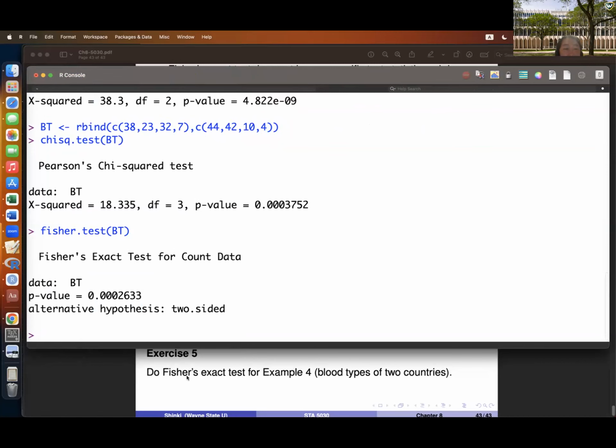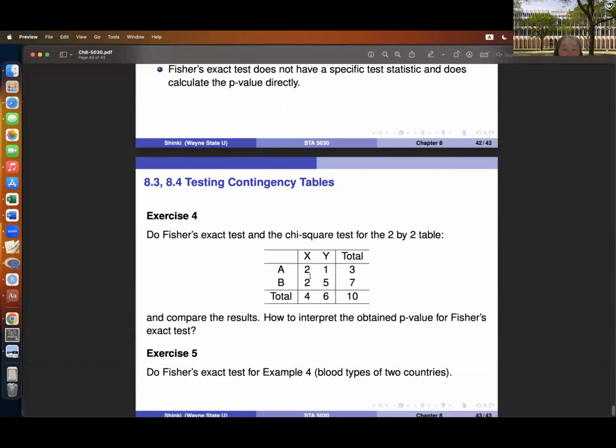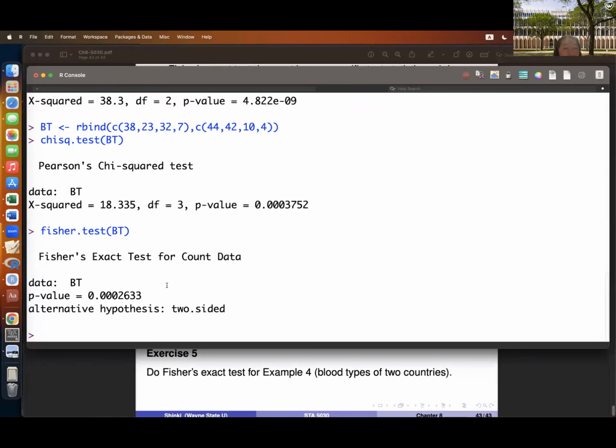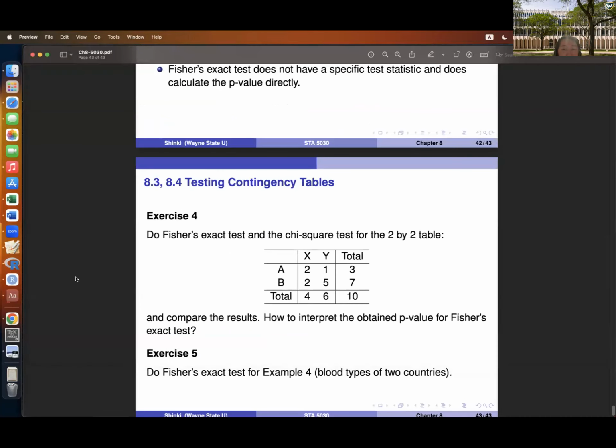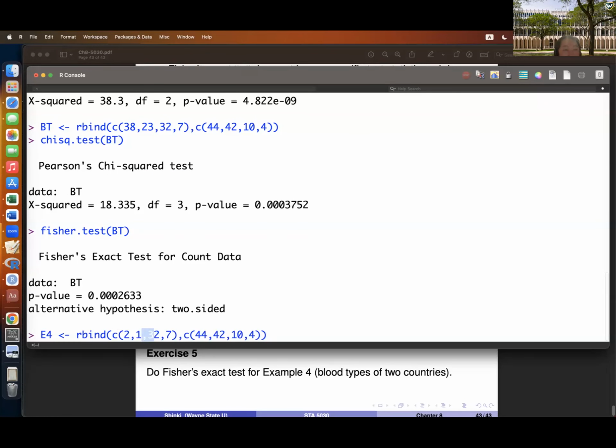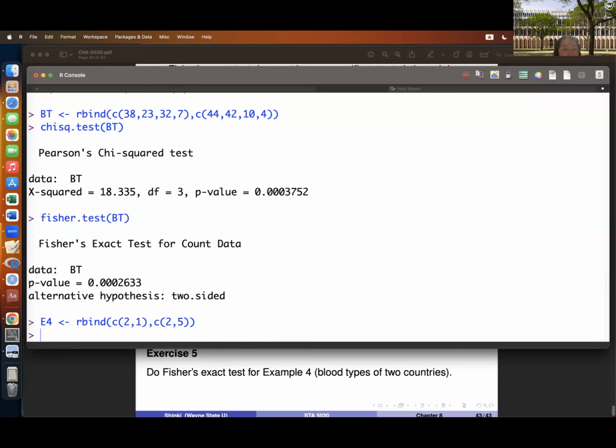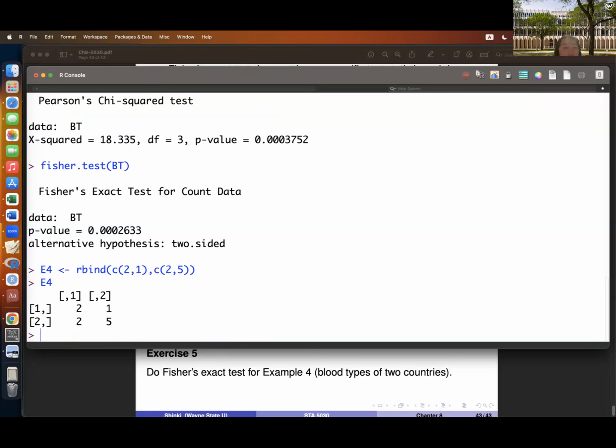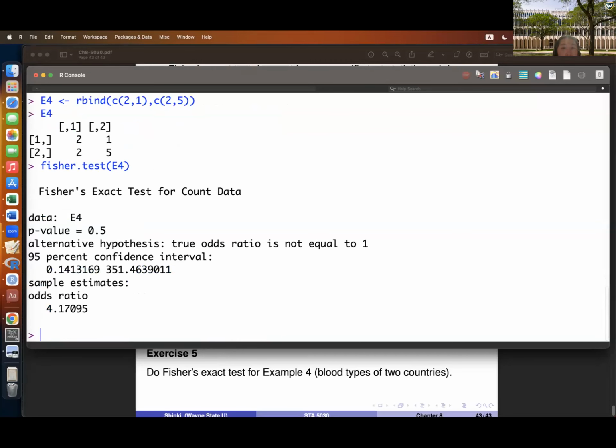I would like to do exercise 4 as well. Here is our table. This table is very small, so we should do Fisher's exact test, and it returns a p-value equal to 0.5.